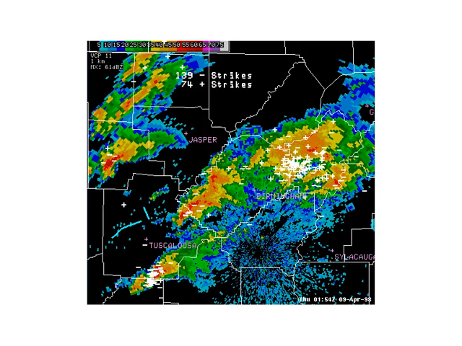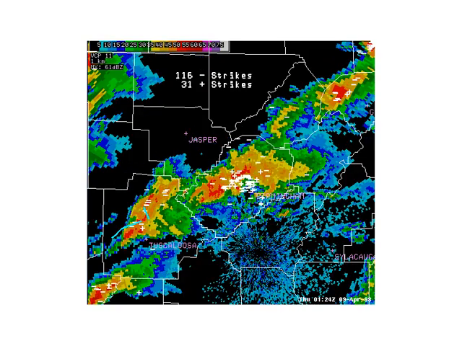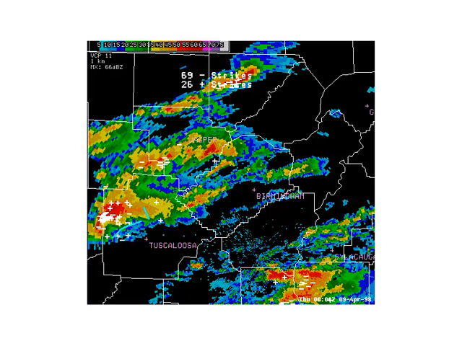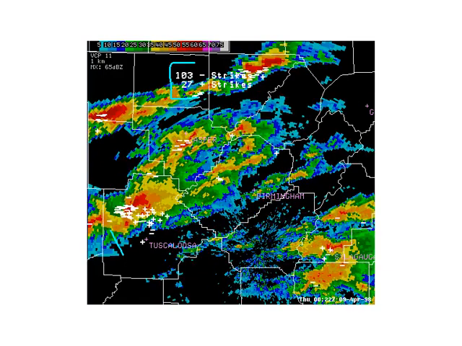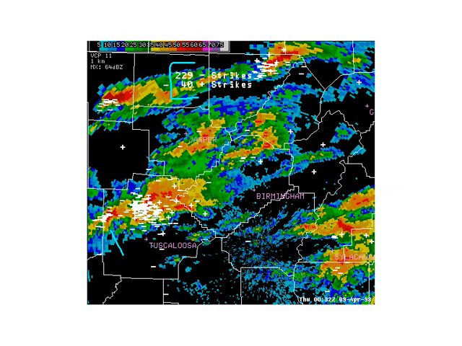Now if we toggle on the CG lightning for this same loop and just walk through it, there are a lot of things that jump out at us again immediately, and that is the high concentration of CG lightning associated with the storm that's headed toward Birmingham. Not only does it have a high concentration, but if you pay attention to the total flash count up here at the top of the screen, you'll see that total flash count begins to vary quite dramatically, getting higher and higher with time.